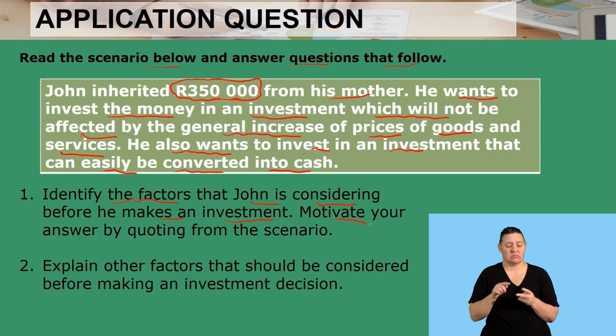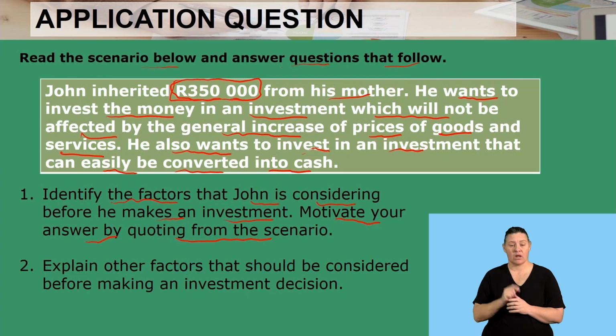And then motivate your answer by quoting from the scenario. Because we can see that John is thinking about something. Yes, he has the 350,000. Yes, he's not thinking about going and having fun, but he's thinking about investing. But before he invests, he has to make an informed decision before choosing an investment opportunity.